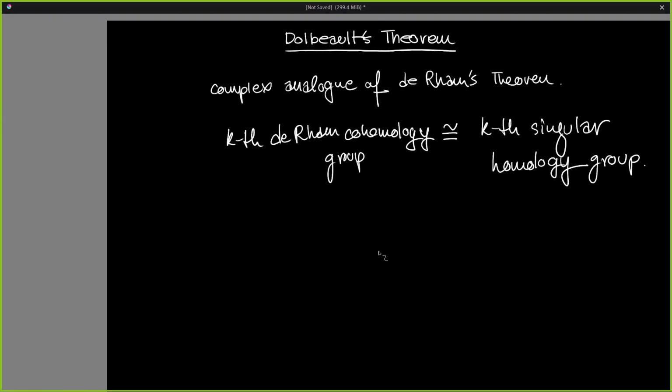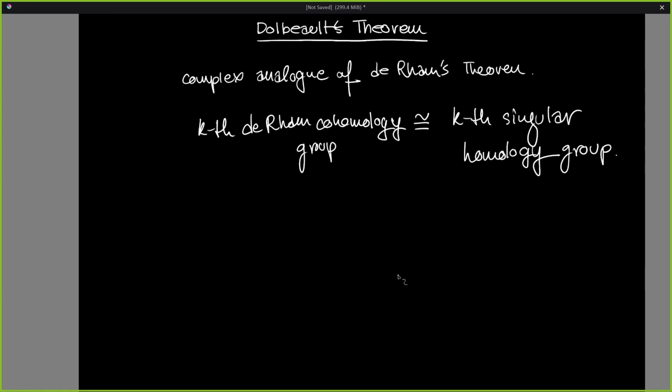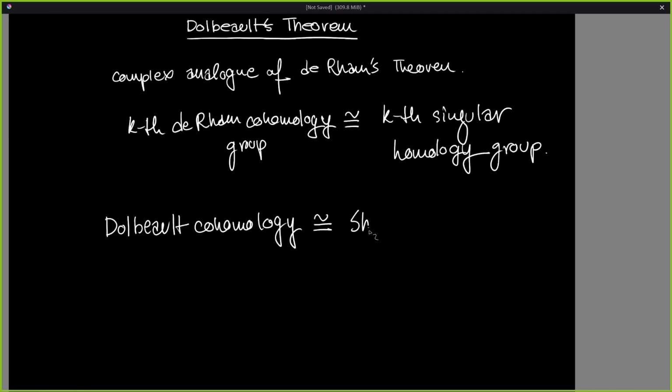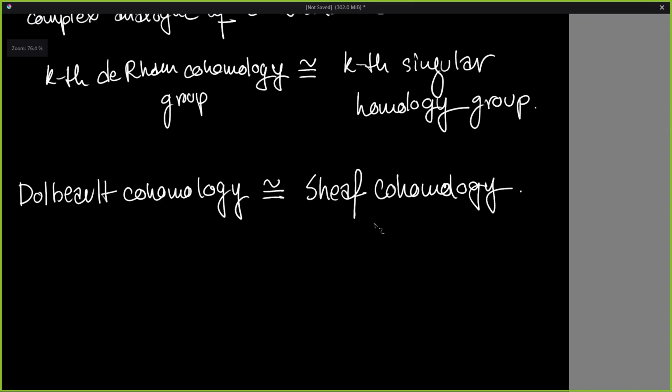the Dolbeault version of this is called Dolbeault's theorem, and it says that the Dolbeault cohomology is isomorphic to the sheaf cohomology, which is also known as the Čech cohomology.